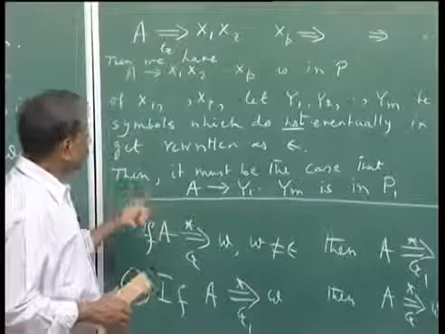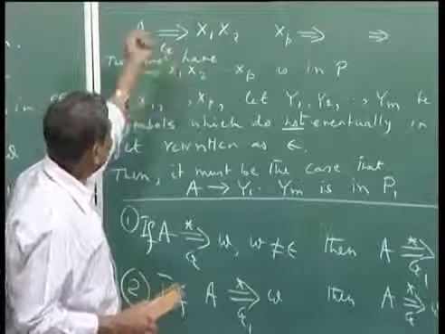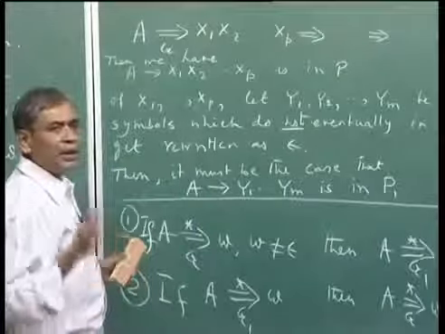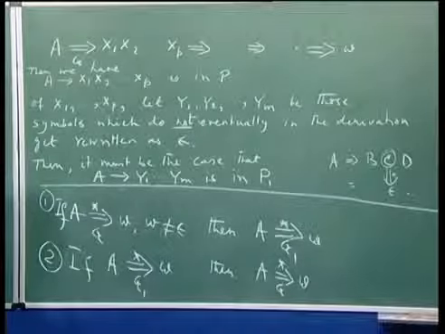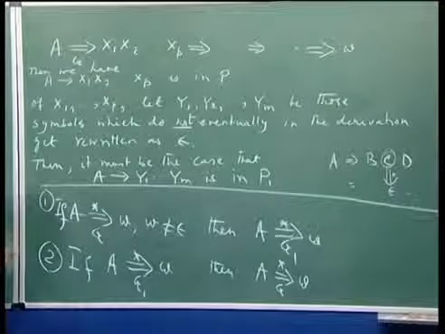Why? Because we will create all kinds of productions removing nullable symbols of G to get new productions for G1, and therefore this will survive.